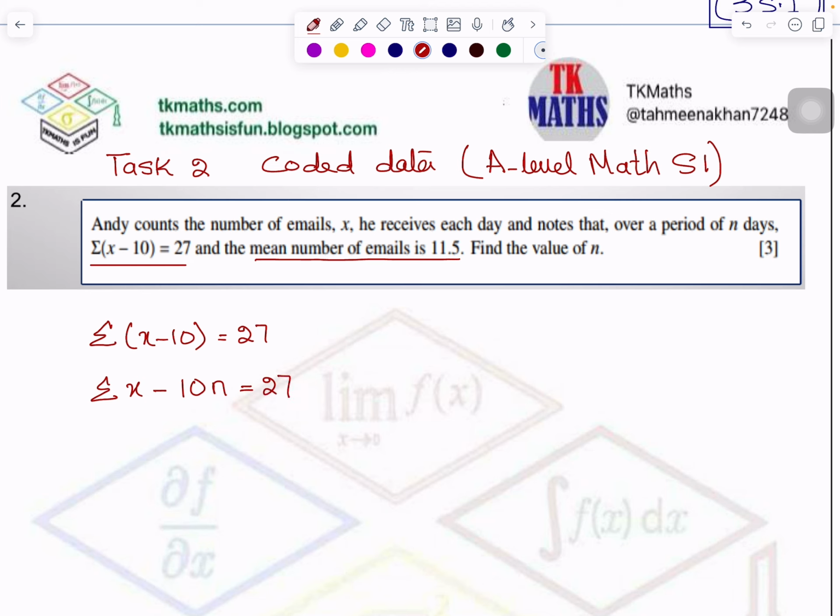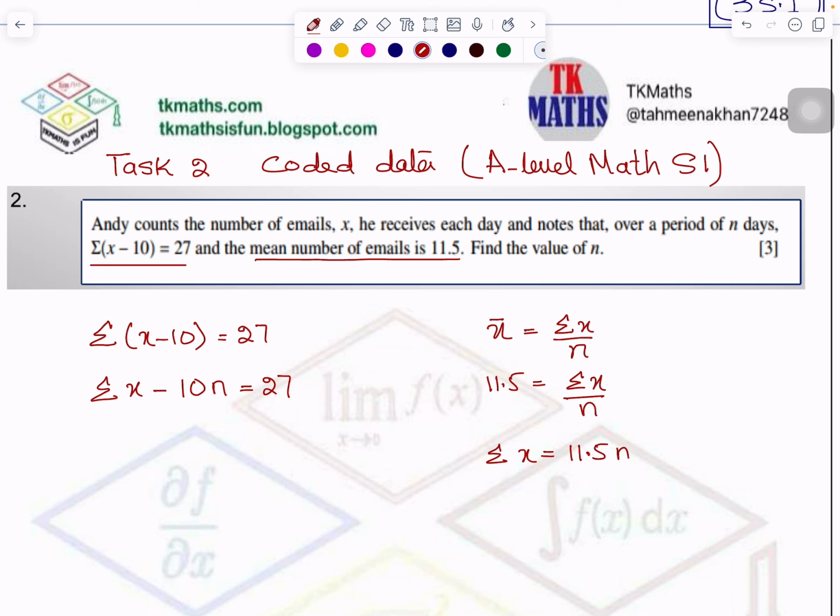At the same time, the information given here is that the mean of x, which equals sigma x over n, is 11.5. We know neither sigma x nor n, so sigma x equals 11.5n.